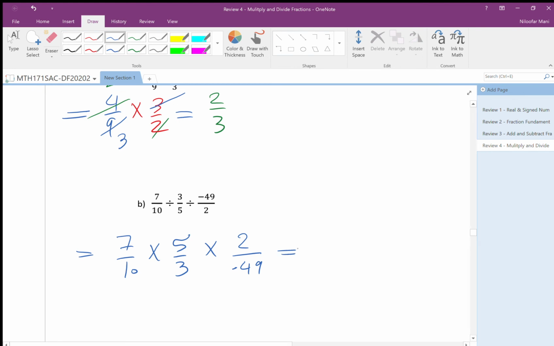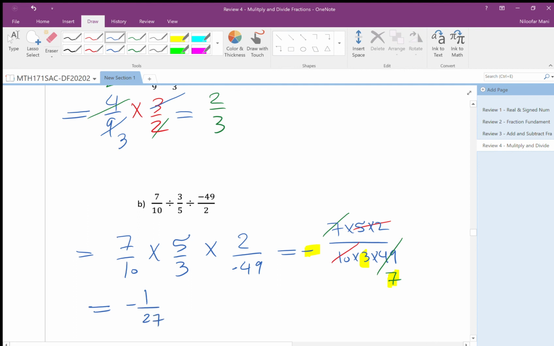So it is minus 7 times 5 times 2 divided by 10 times 3 times 49. Can I cancel? Can I cancel this? What is left then? So just this and this and this. So the answer is minus 1 over 27.